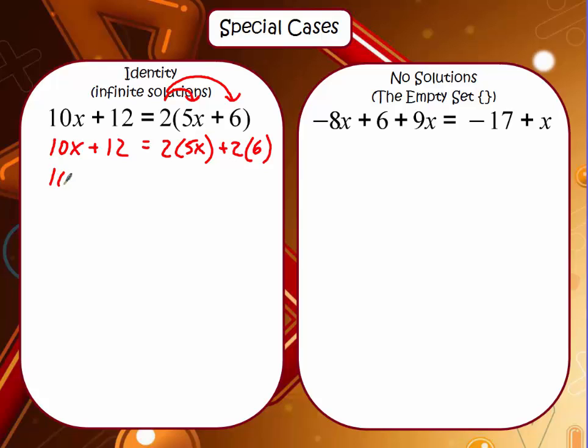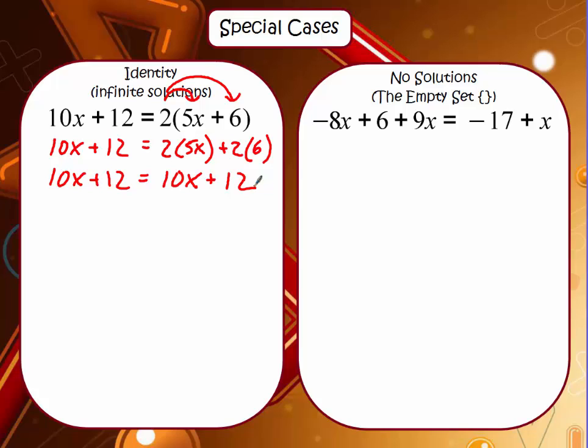So cleaning this up, the left-hand side still has not changed. And the right-hand side, 2 times 5x is 10x, and 2 times 6 is 12. You might be able to already see that right now it says 10x plus 12 equals 10x plus 12. Well, those are exactly the same, so of course they're going to be equal.